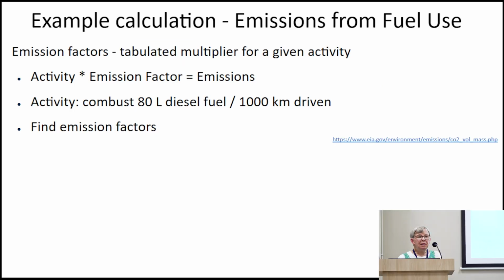So this is just one example. We often have what we call emission factors, and these are things that you can look up. The emission factor tells you, in this case, if you combust gasoline, that's our activity, times some emission factor, you get the total emissions. And we're gonna combust 80 liters of gasoline for 1,000 kilometers driven.